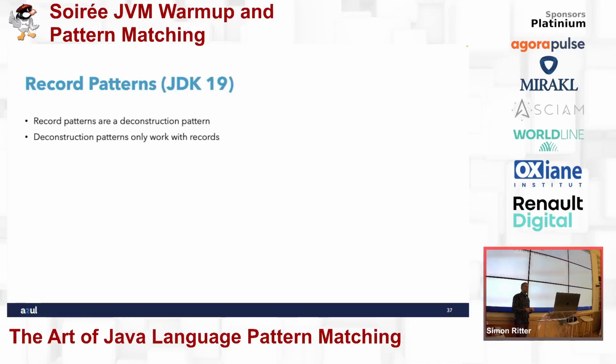This is where we come into record patterns introduced in JDK 19. And this is an example of a deconstruction pattern. So it's a combination of the type pattern where you're matching against the record, but you're also doing a deconstruction at the same time.